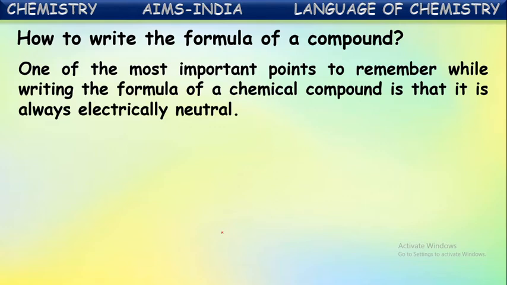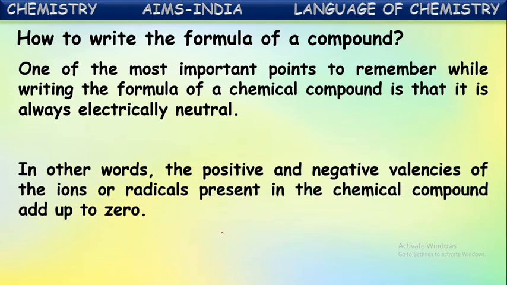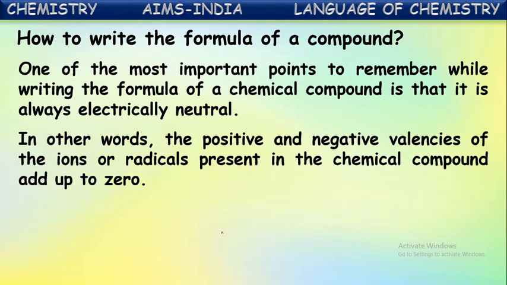One of the most important points to remember while writing the formula of a chemical compound is that it is always electrically neutral. The molecule of any compound will always be electrically neutral. What does it mean, electrically neutral? It won't have any charge. In other words, we can say the positive and negative valences of the ions or the radicals present in the chemical compound add up to 0.